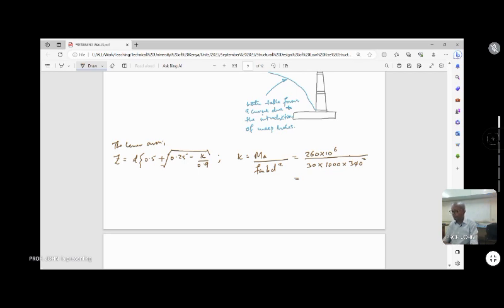I'm finding 0.075. So we say therefore Z is 340 into 0.5 plus the root of 0.25 less 0.075 over 0.9.